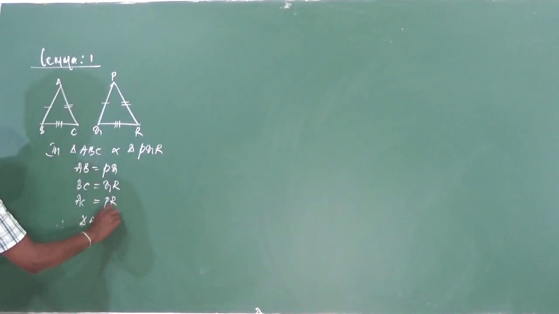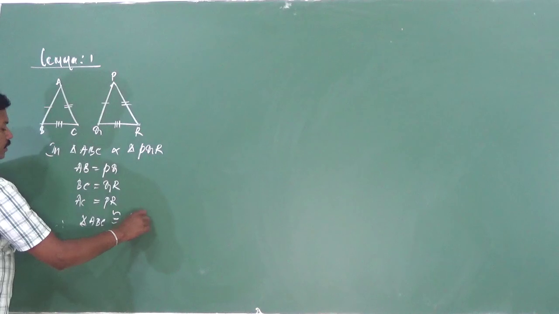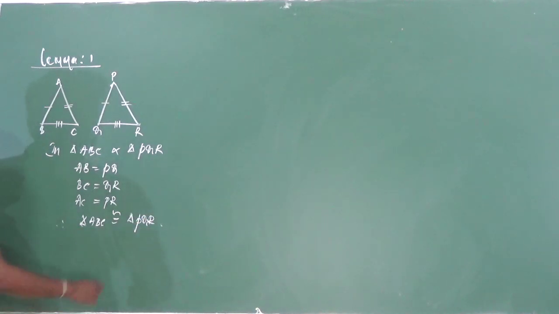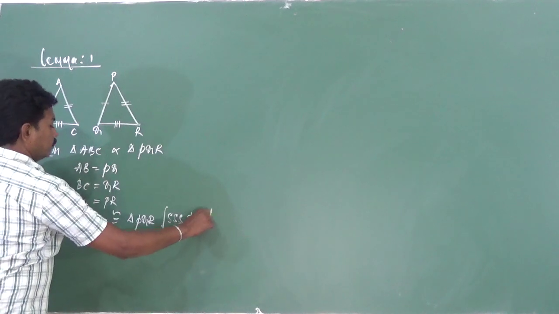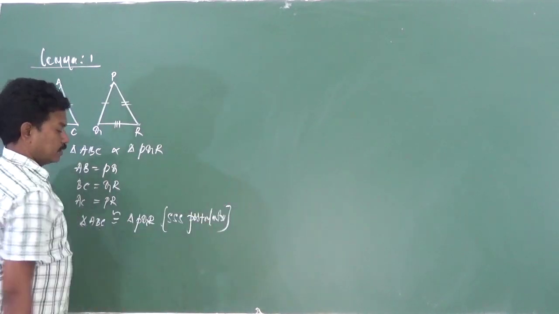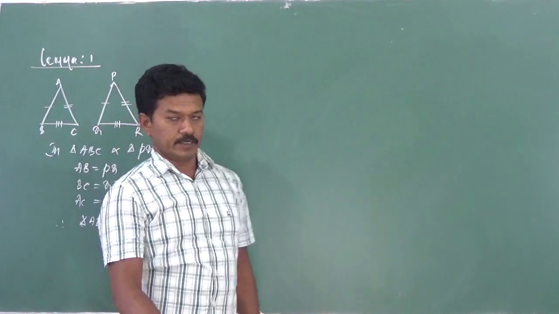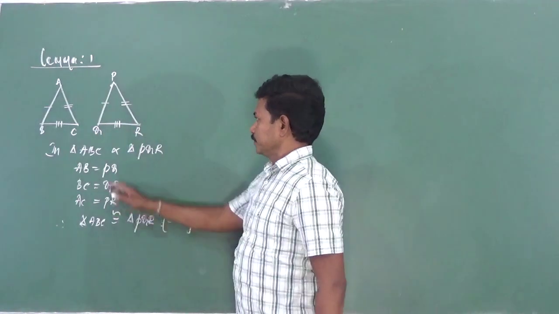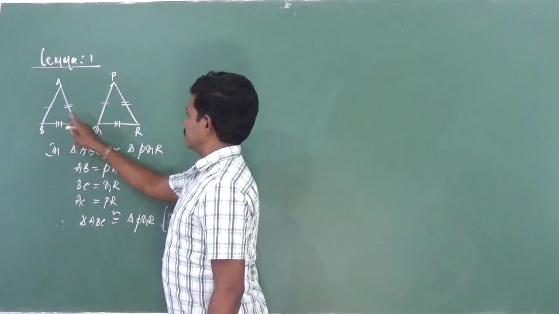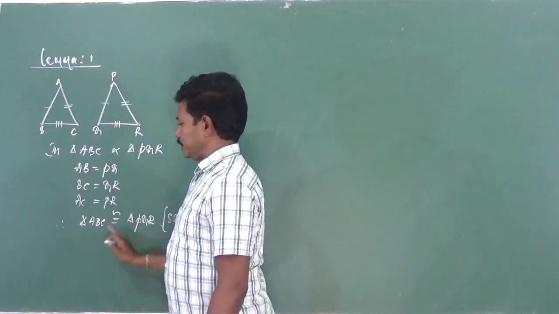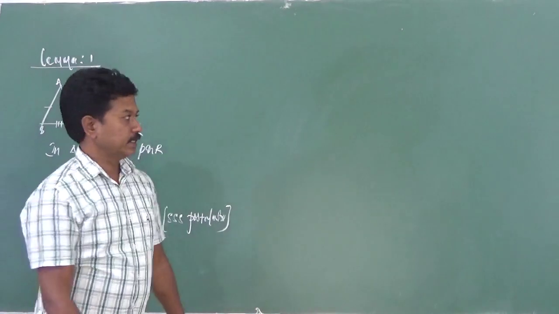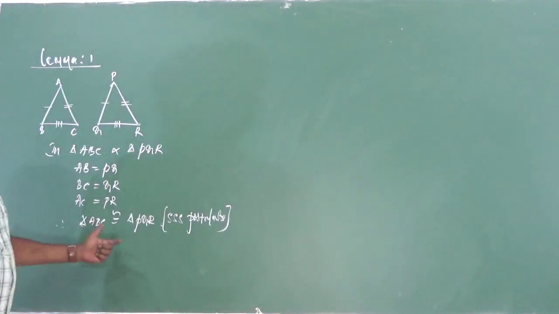So therefore, triangle ABC is congruent to triangle PQR, right? So this is called the SSS postulate, what you have learned in your 8th and 9th classes. Very important.